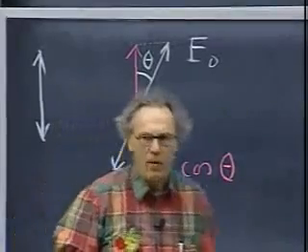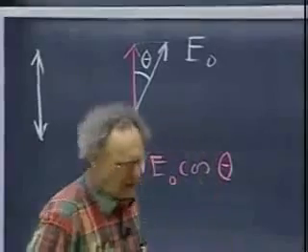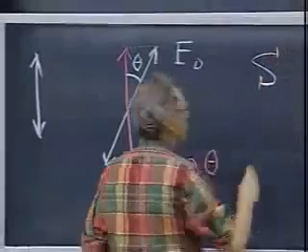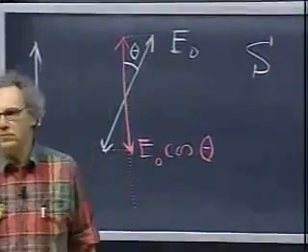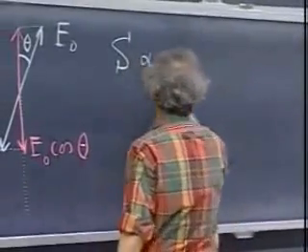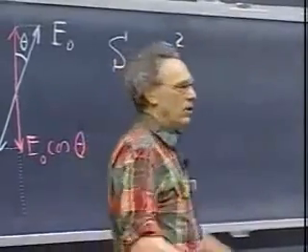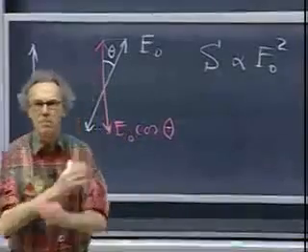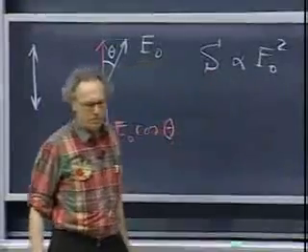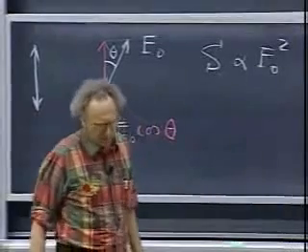If you ask me now whether the light is reduced in intensity, I would have to say yes, of course, because light intensity depends on the Poynting vector, and the Poynting vector is always proportional to E0 squared, because the Poynting vector is the cross product between E and B. And if E is reduced, B is also reduced. And so we get a cosine square reduction.